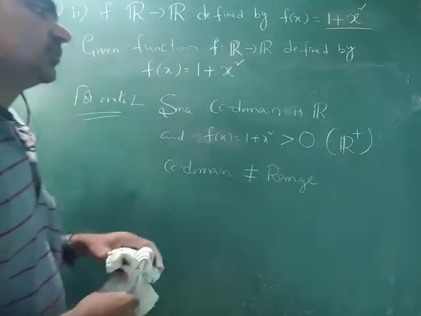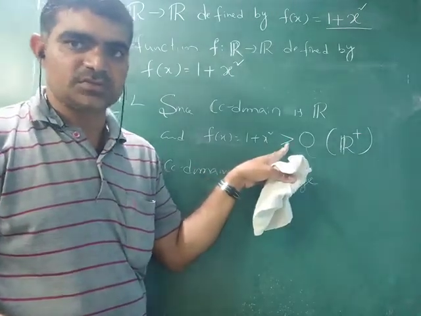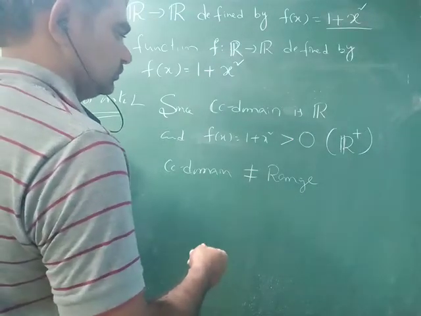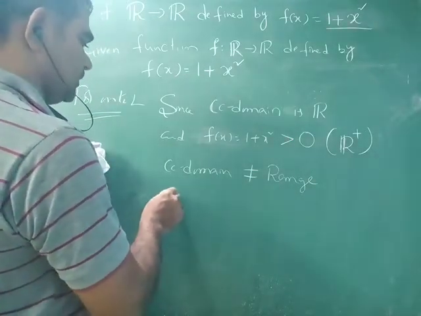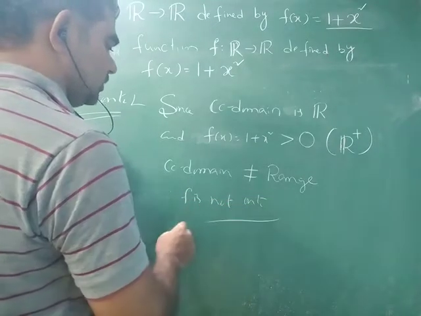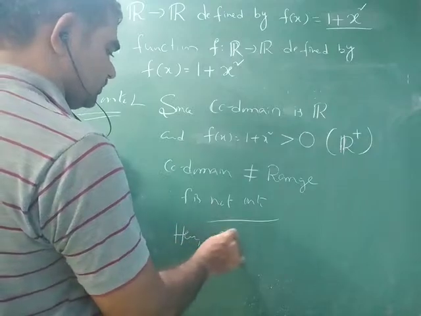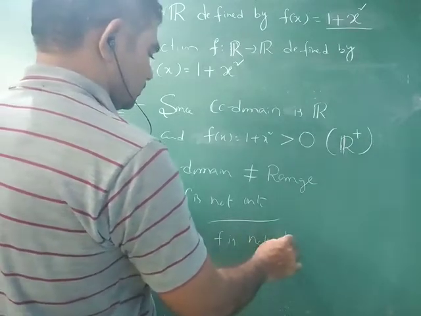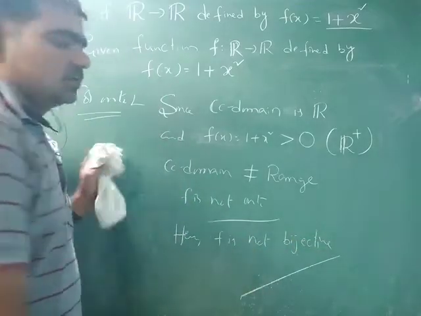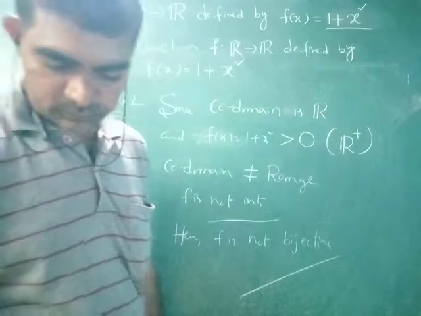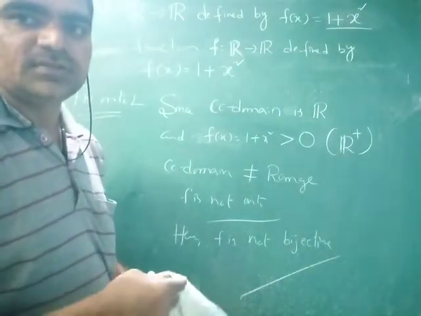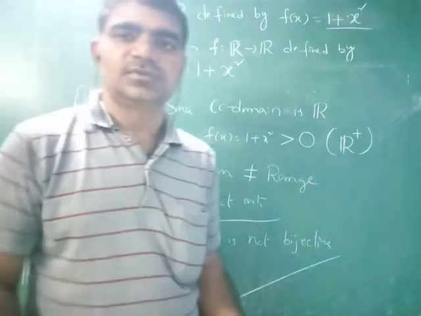This is nothing but always positive, greater than 0. Therefore, f is not onto. Hence, f is not bijective. Neither 1-1 nor onto.